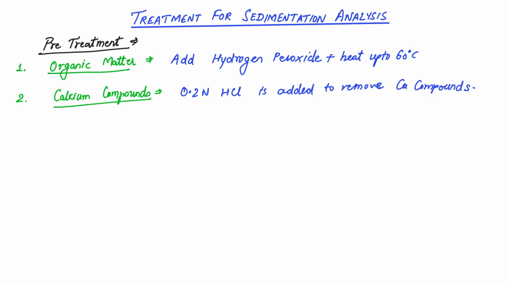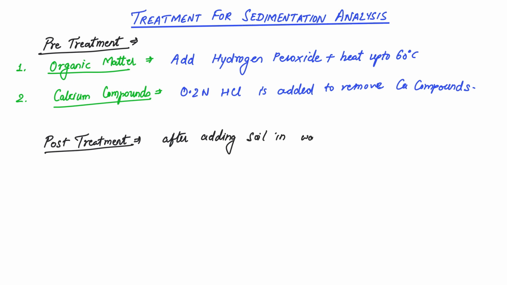Now, apart from this, the third type of treatment that we provide is the post-treatment. Why is this said to be a post-treatment? Because this is provided to the solution after adding soil in water.